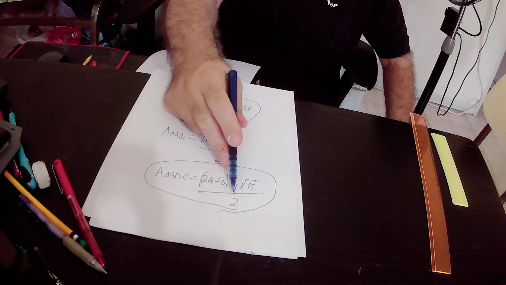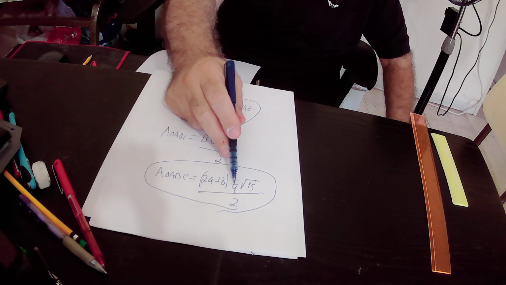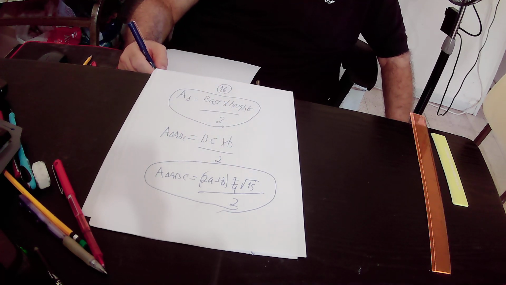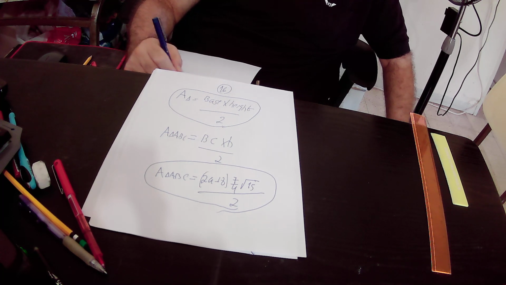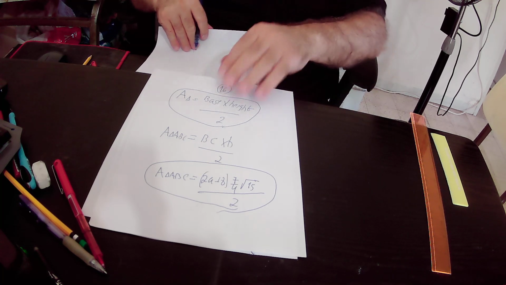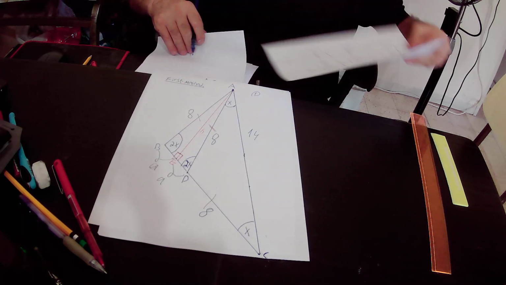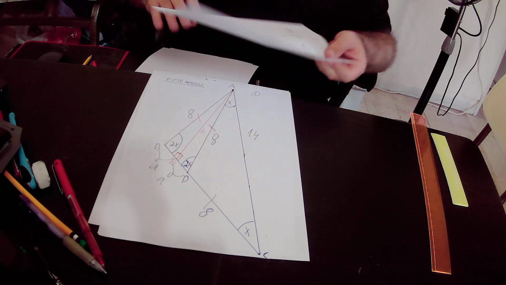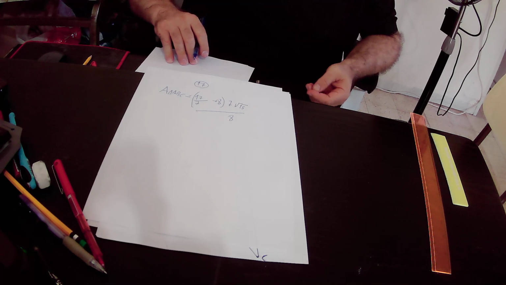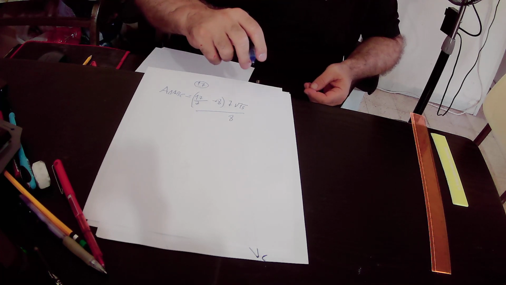Here we can move the 2 to the denominator, and we will get that 2 times 4 is 8. So in total it equals 7 times root 15 over 8. Okay, so the area of triangle ABC equals 17 over 2 plus 8 times 7 times root 15 over 8.